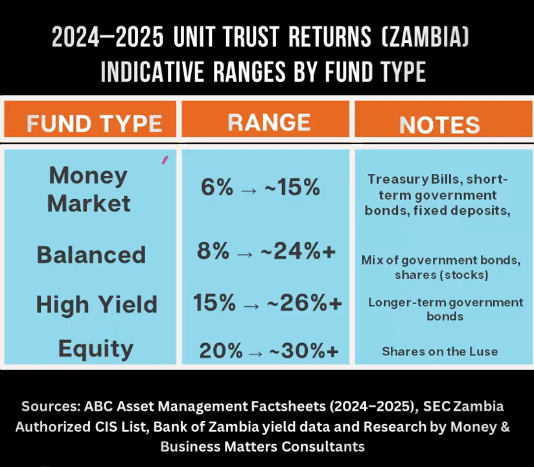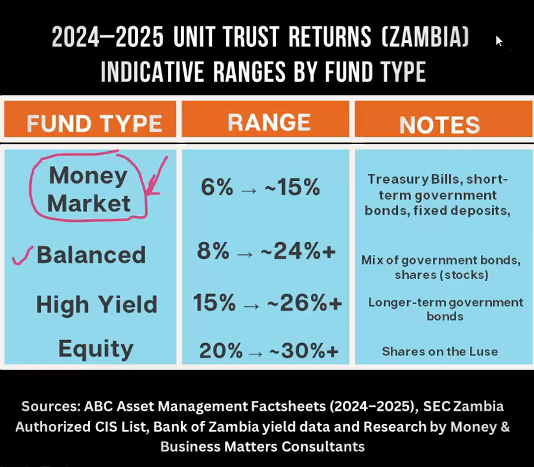Now, anytime you go to a fund company, you want to ask them, this money market fund that you have, where are you investing the money? You want to be clear. If you want to go for the balanced fund, you ask your fund manager, where is this money invested? These companies might name these funds differently, but of course they are regulated.